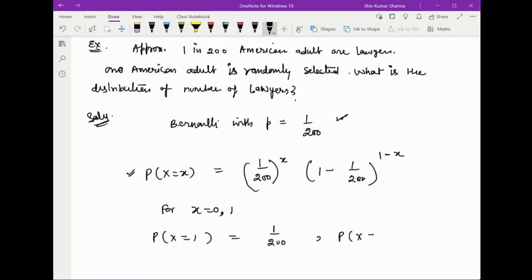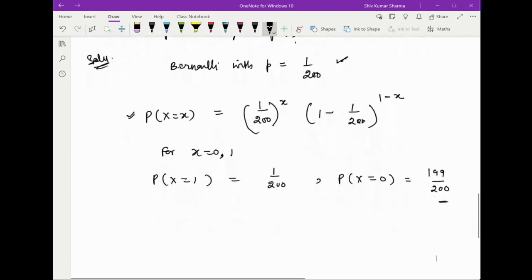And when you put X equal to 0, that is the probability of failure, which will be 199 upon 200. So that means 1 minus P is equal to 199 upon 200.